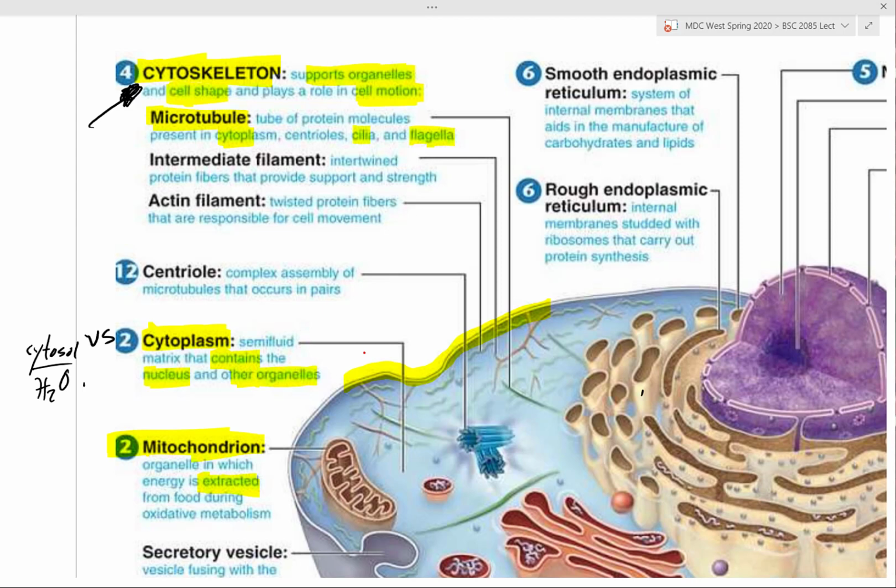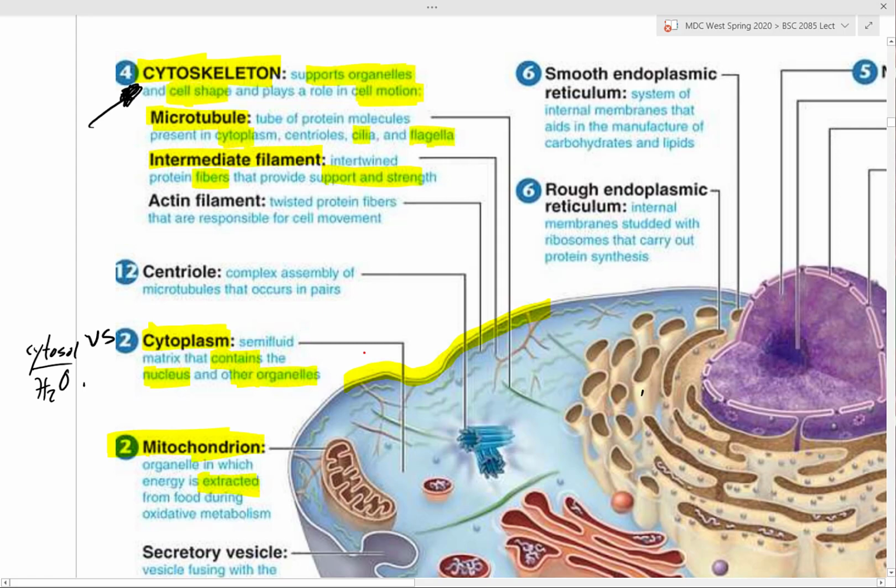Now, we're gonna talk about those in the whole semester. So the other ones for the cytoskeleton, not only microtubules, but you also have what? Intermediate filaments. What they do is they provide support and strength, and this is actually for the fibers. Have you guys heard of protein fibers?